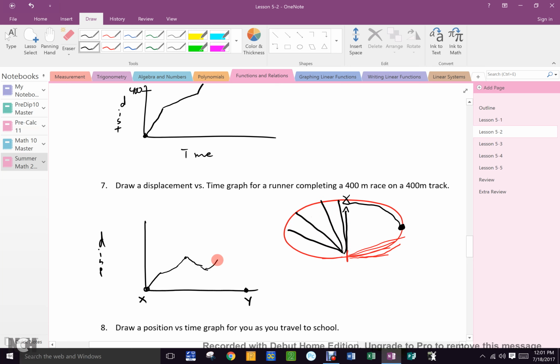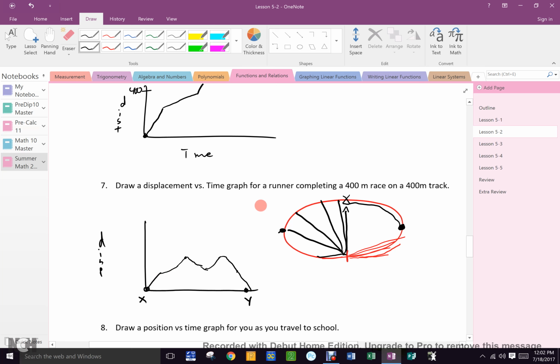It gets longer back up to the maximum, and then once I hit this maximum, it's getting shorter again until when? Back to 0, because eventually I end up back here. Is everybody with me? Again, I am not marking you on your actual measurements. I am marking you on your ability to show me that you understand the difference between displacement and distance. Distance, it's got to keep going up. Displacement, it goes back to the beginning.